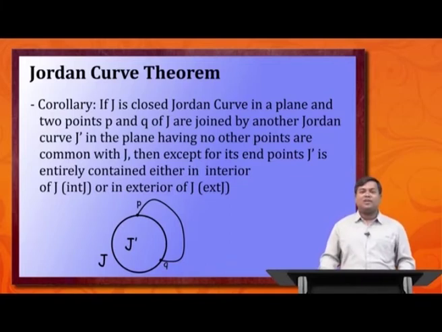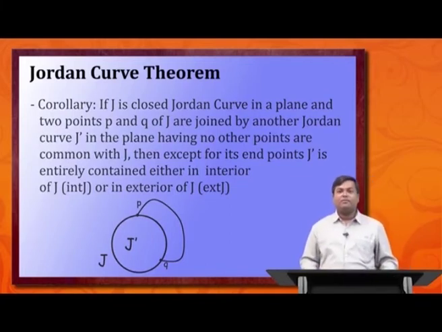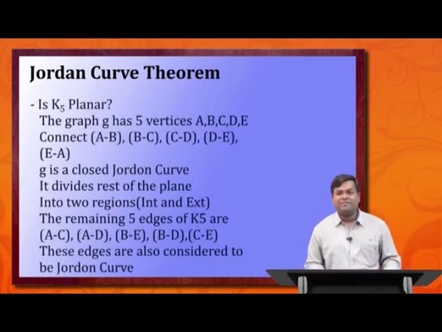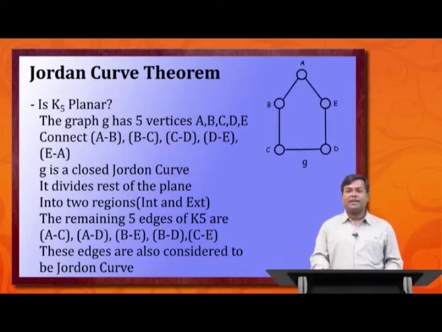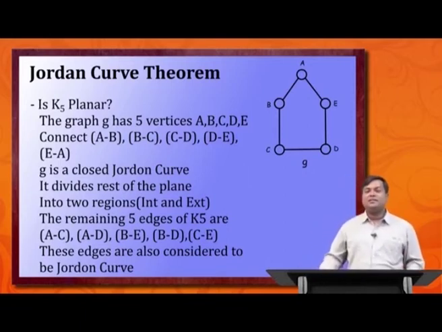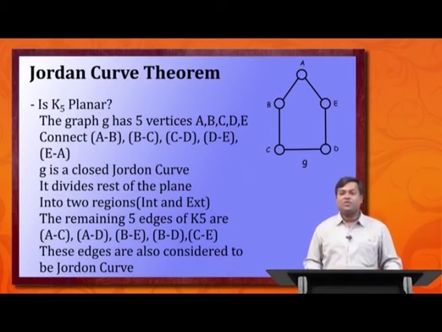Now based on this Jordan curve theorem and corollary, we will prove whether K5 is planar or not. K5 is basically a complete graph of 5 different vertices. So the graph G has 5 vertices, A, B, C, D, E. We are joining A, B, B, C, C, D, D, E, E, A. Now if you see the figure, this ABCDEA is basically a closed Jordan curve.